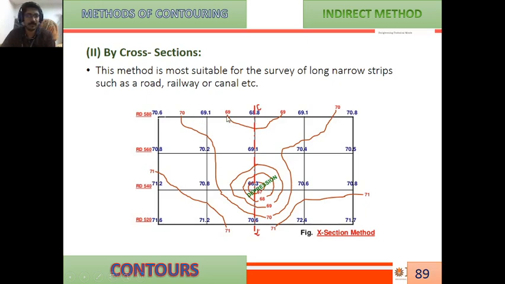The interpolated value here obtained is 69. You can join those points. Similarly for 70, similarly for 71, and the intermediate you can get 68, 69. It may get closed circles also, or may not, right? From that you can determine how the terrain is and how the cross section looks, right? So this method is also called the X section method or cross section method.